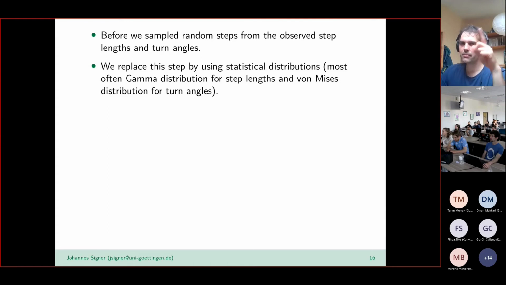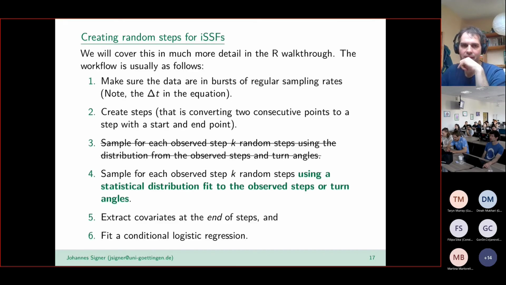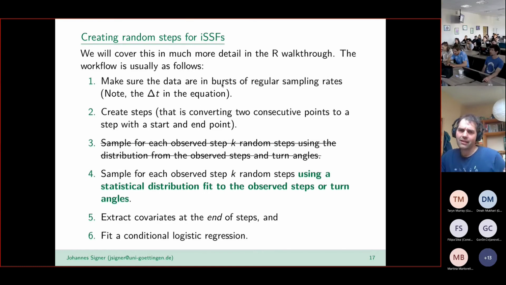The gamma distribution is just a continuous positive distribution. And the von Mises distribution, which you may or may not have encountered before, is a circular distribution. Because turn angles occur on a circle, that makes things a little bit more complicated. But everything else pretty much remains the same.